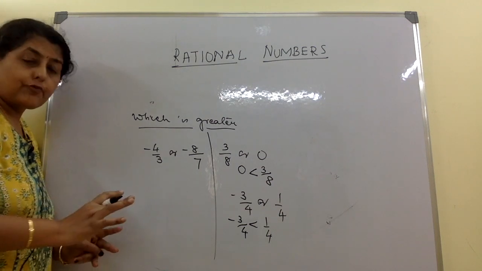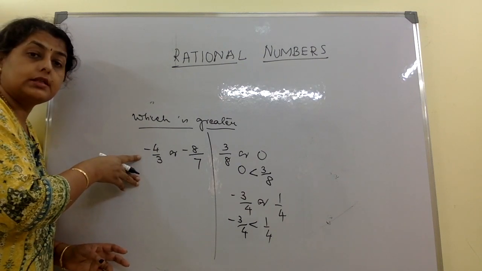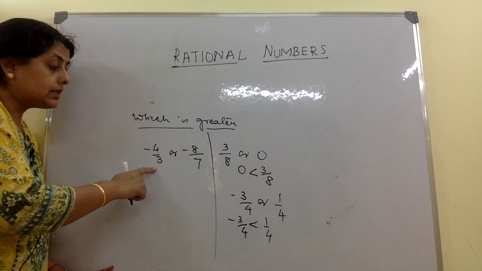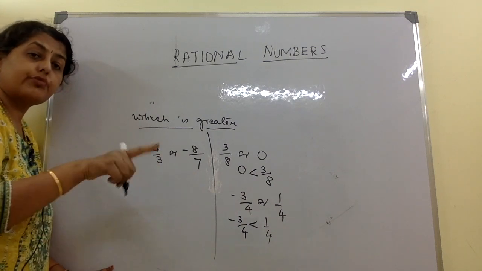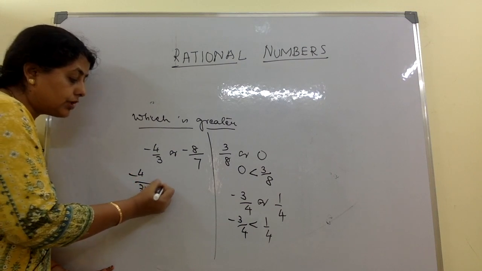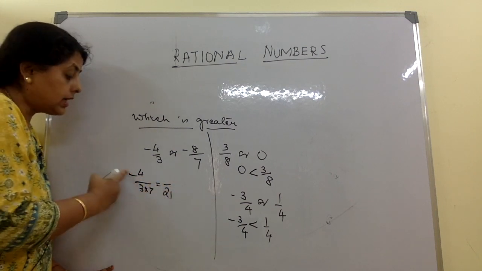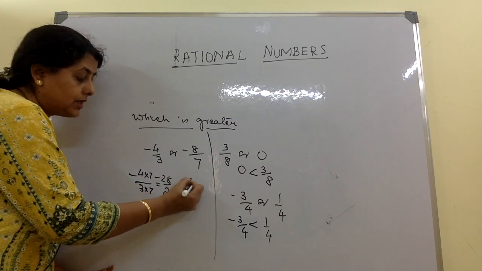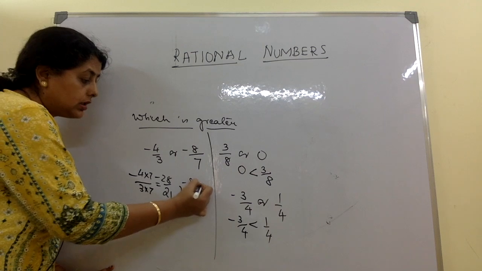That is why I am saying, whenever you get a sum like this, you better go for the LCM method and find it. So the LCM of 3 and 7 is 21. So I'll convert this to 21, just like we did now, and this also to minus 28. Here, minus 8 by 7 into 3 into 3.